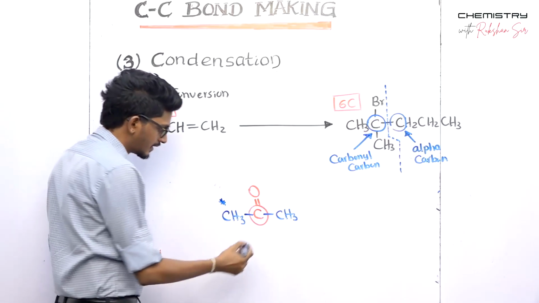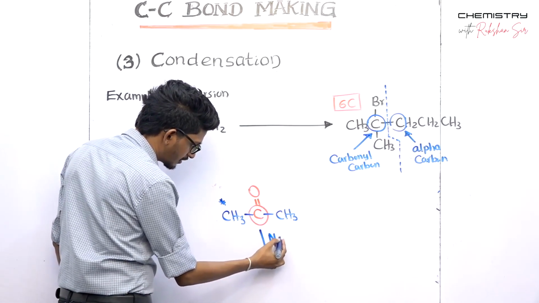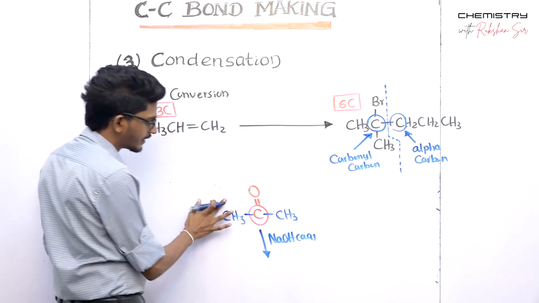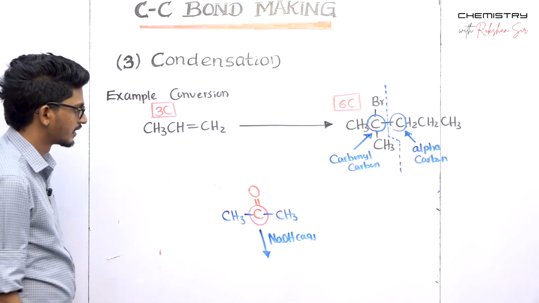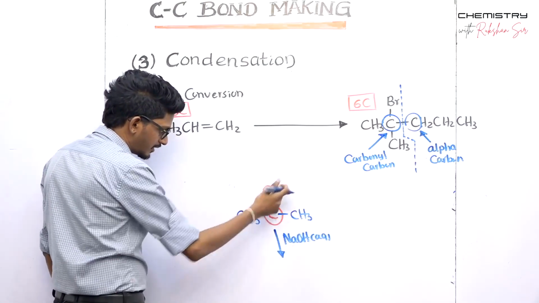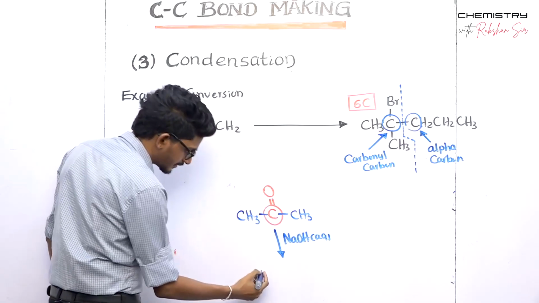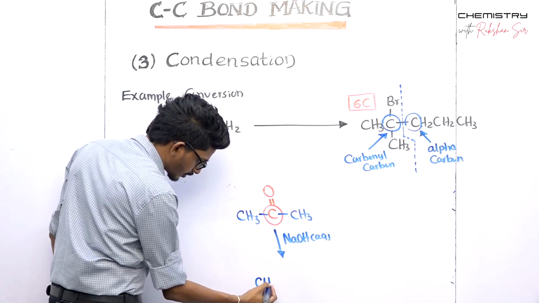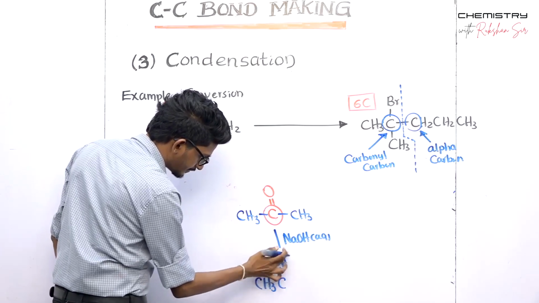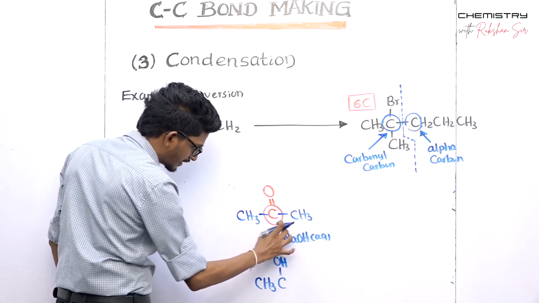If you add some NaOH to this one, you will get the carbon skeleton. Let's write the same thing with some OH here and removing this pi bond. So CH3, some OH here, and this should be bent like this.